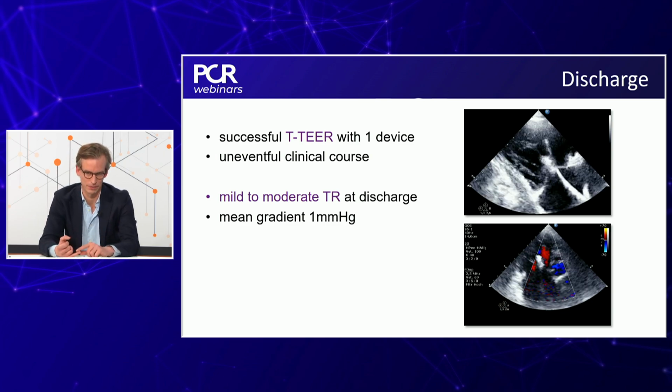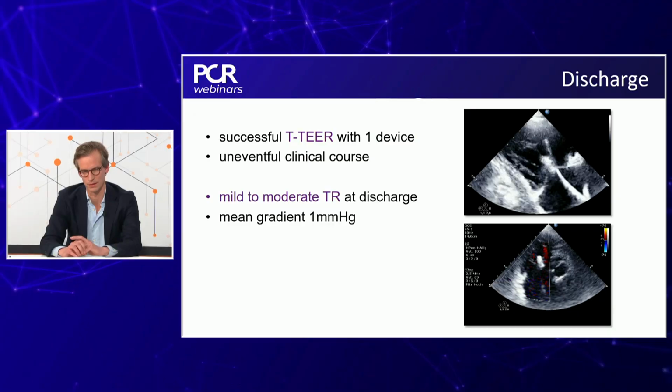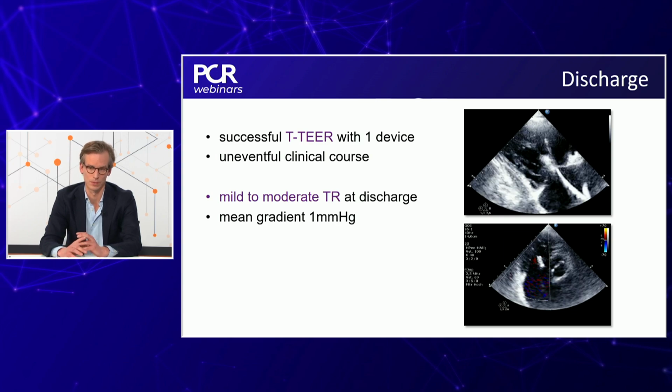We want to achieve a durable reduction of TR. This is really what TR needs to deliver. There's obviously no need for a good short-term and then a bad long-term result. We want to reduce, ideally to at least moderate, better to mild TR. I think we have signals from our registries that patients do better with the least residual TR possible, and we want this to be a durable result.